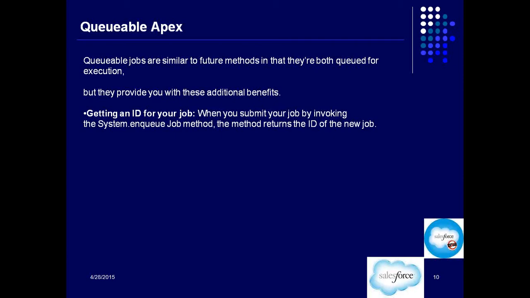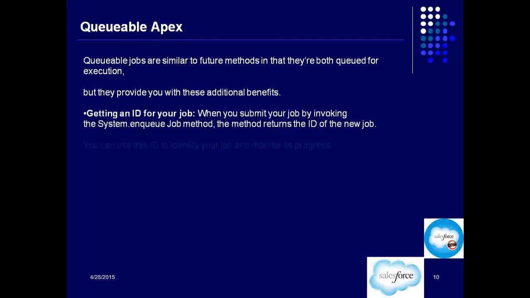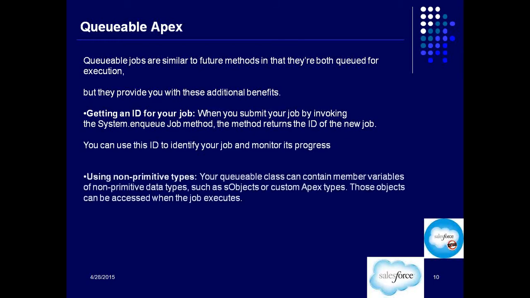That is what I was telling you earlier, that we have an option of monitoring the queuable Apex. So it generates an ID for it, and that's one advantage of queuable Apex. You can use this ID to identify your job and monitor its progress. So that's advantage number one.